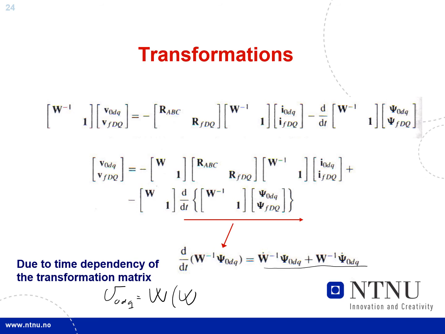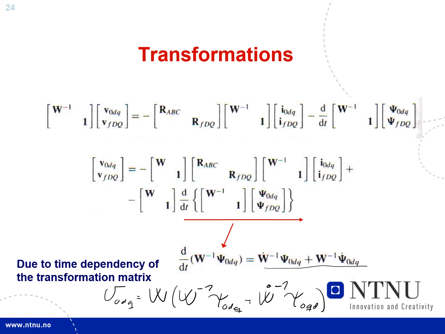if we start with the other element here, times something that is proportional to the derivative of the flux linkages, plus something that is proportional to the rate of change of the transformation and the steady state dq fluxes.